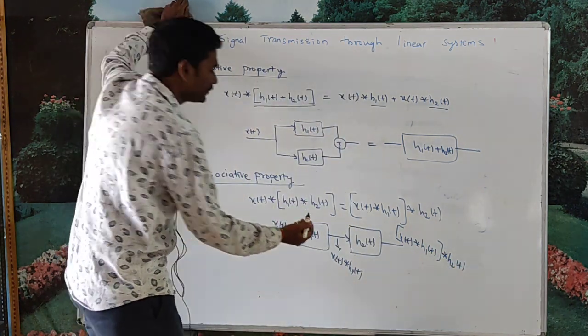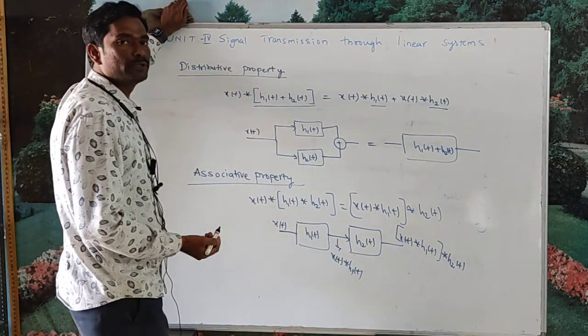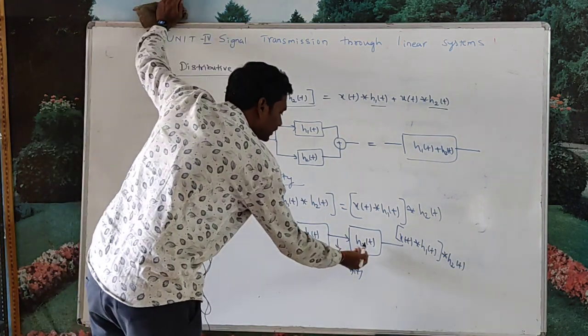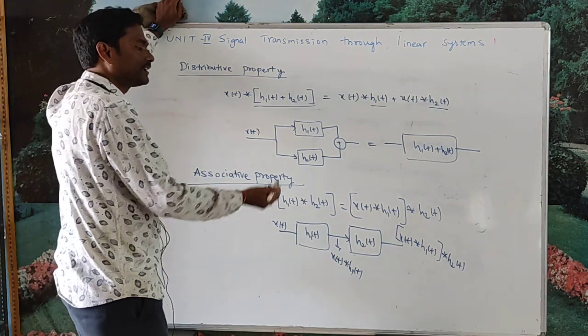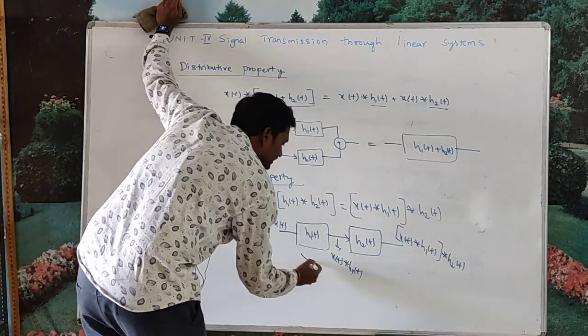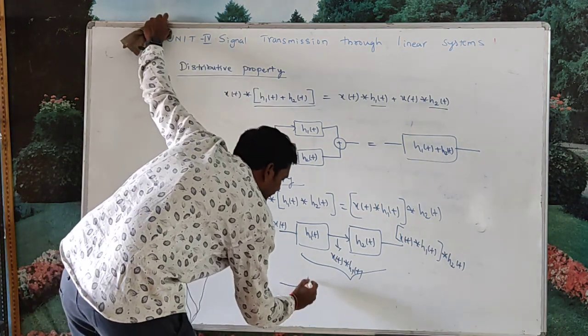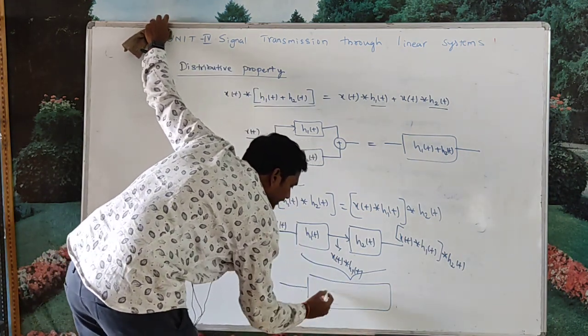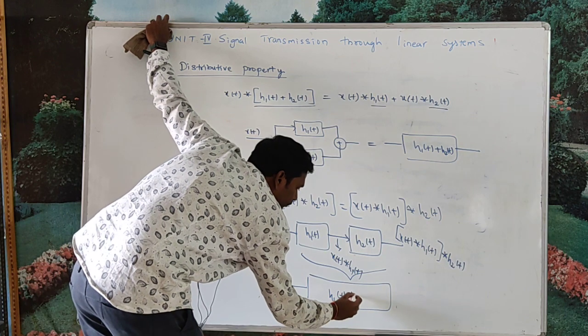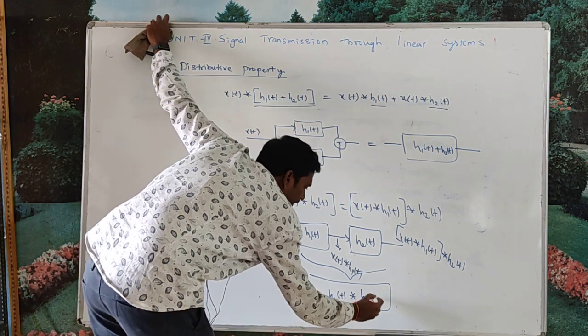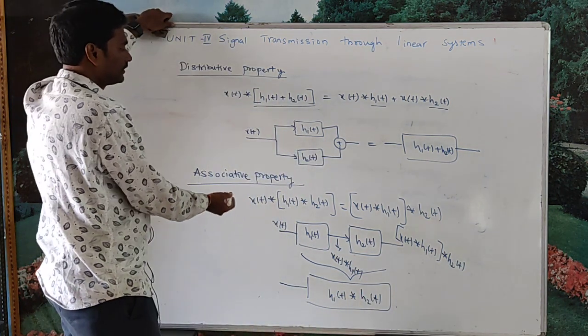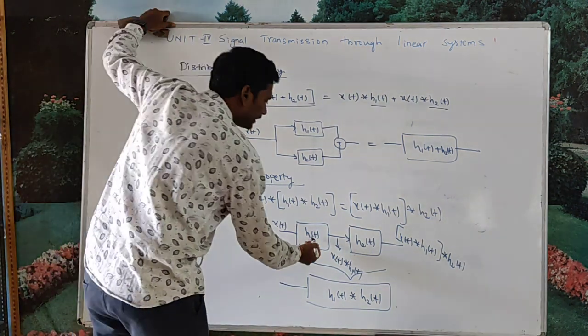And see here, instead of using two systems with the two individual impulse responses h1 of t and h2 of t, we can replace these two systems with a single system having the impulse response like this. That means h1 of t convolved with h2 of t. Okay. So, that is the greatness of the associative property.